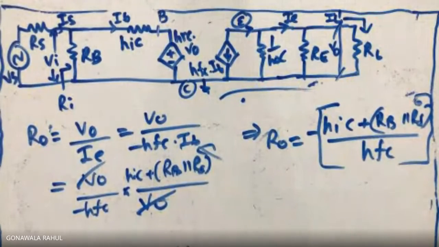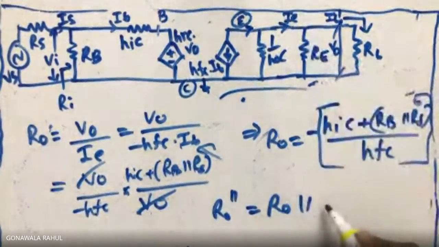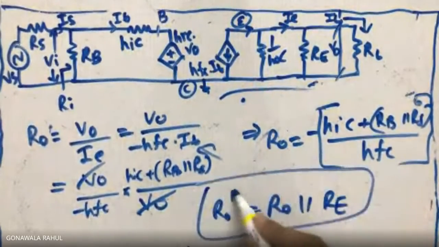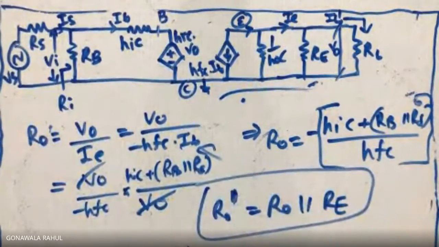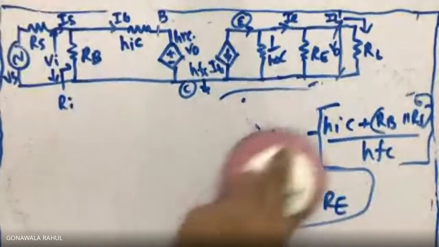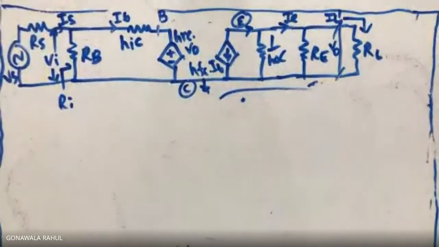So this will be RO, and the output impedance for the entire circuit will be RO parallel RE. That will be the output impedance for the circuit. So that was output impedance. Now next is voltage gain.